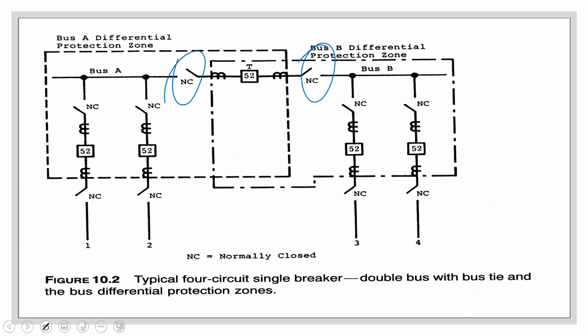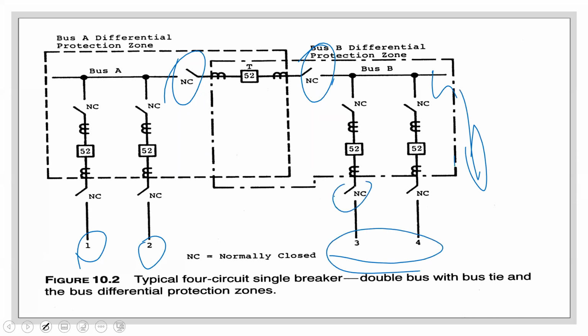So if I have a fault over here, then that will open, which means that circuits 1 and 2 will continue to be served. These guys would not be served because these would be open too. But the bus tie opens and allows power over here. You with me? Because bus A would still be supplied by the incoming on that bus.